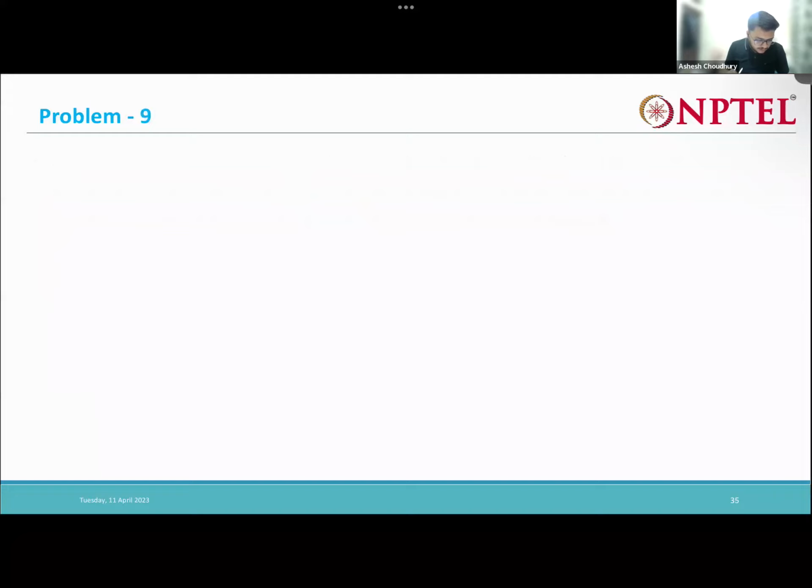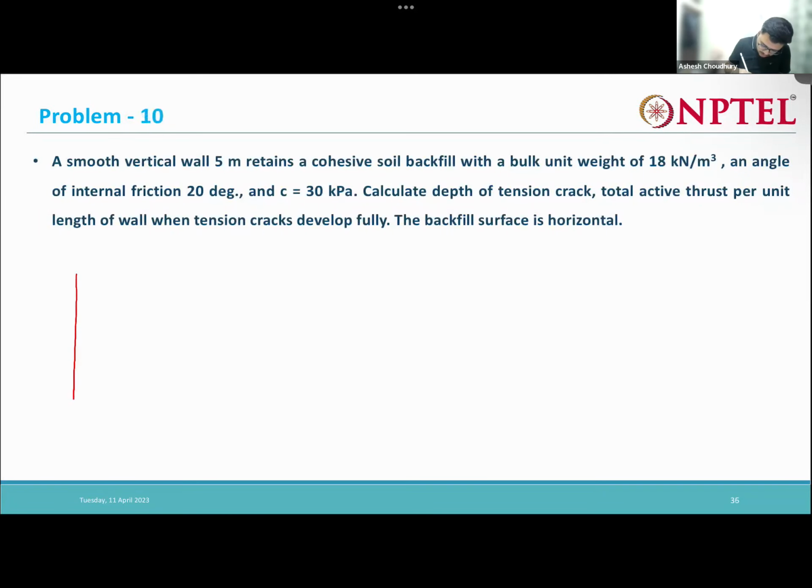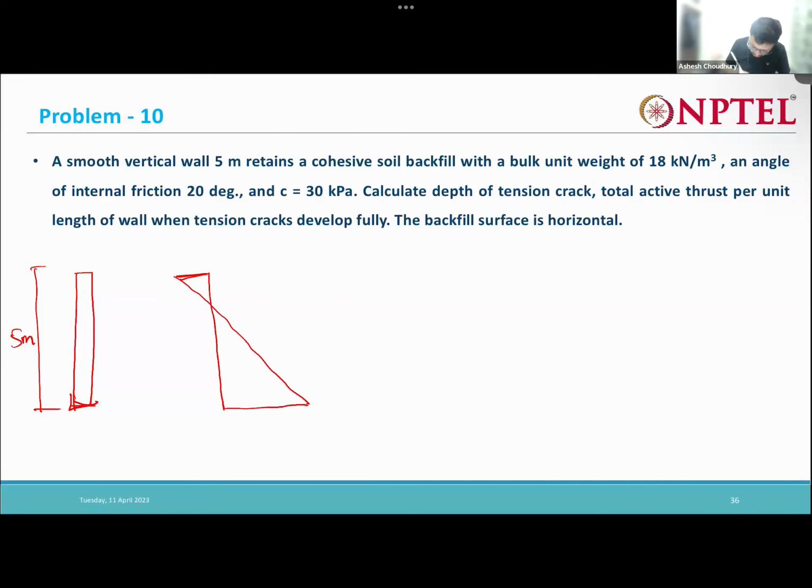This is 5 meters. So what is Z naught? Let us find it out again. Z naught is 2c by gamma root over Ka.